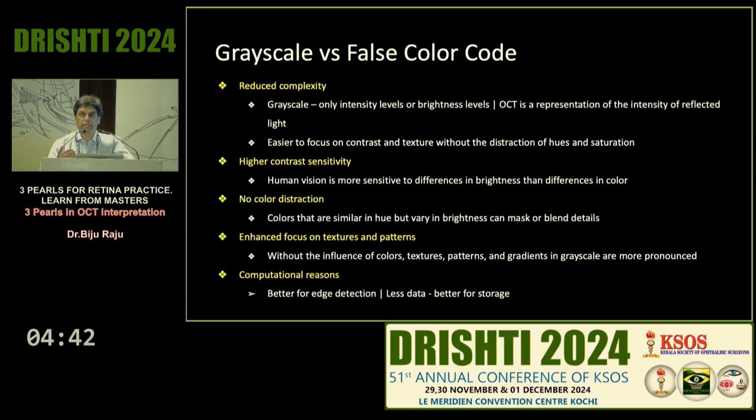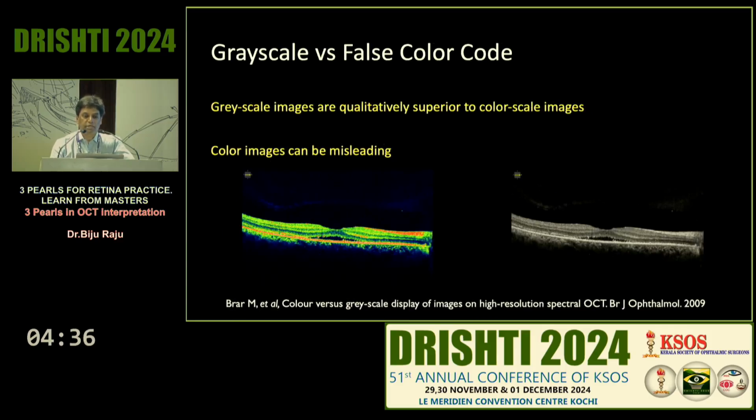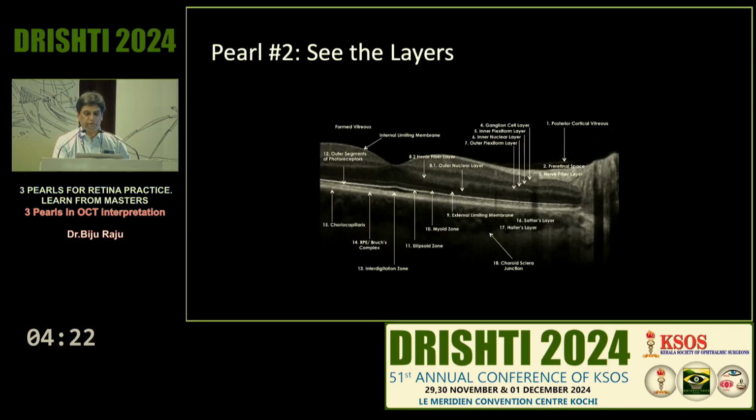That makes for lesser contrast sensitivity, and color distracts your perception, and you miss certain textures. Studies have shown that grayscale images are far better in evaluating OCT scans. When you look at this picture, once the color is gone, the layers just pop out, and it's very easy to identify the different layers.